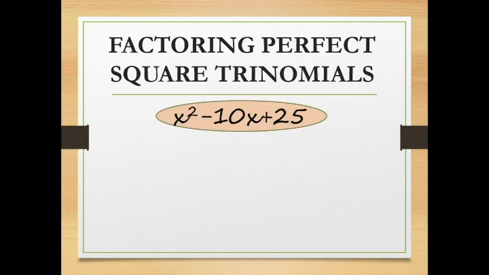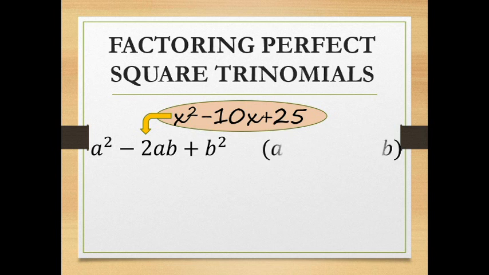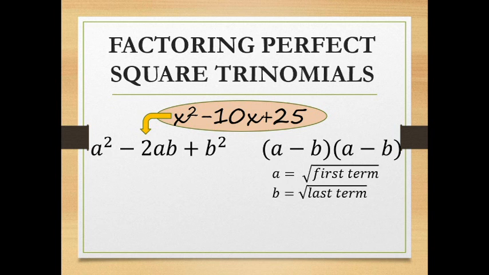X squared minus 10x plus 25. Check muna natin kung ito ay isang perfect square trinomial. Kanina kung maaalala nyo, in example na natin to. At napatunayan natin na isa itong perfect square trinomial. It is in the form of a squared minus 2ab plus b squared. Ibig sabihin yung factor niya should be a minus b times a minus b, where a is equal to the square root of first term and b is equal to the square root of last term.